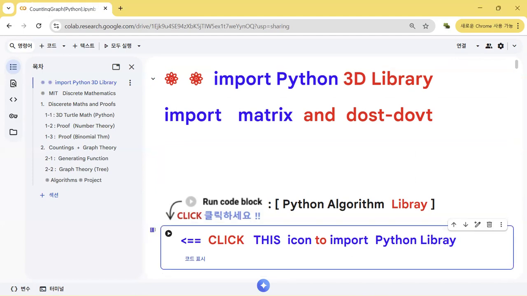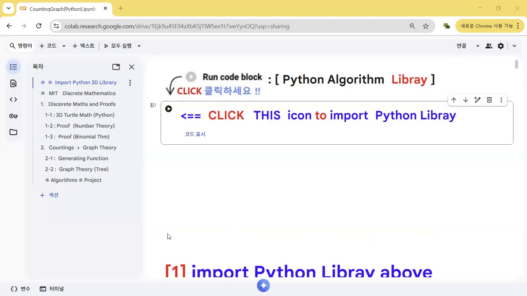Let's try again. This kind of thing happens depending on the computer and internet speed. So I click this one. Okay, now this one is running.